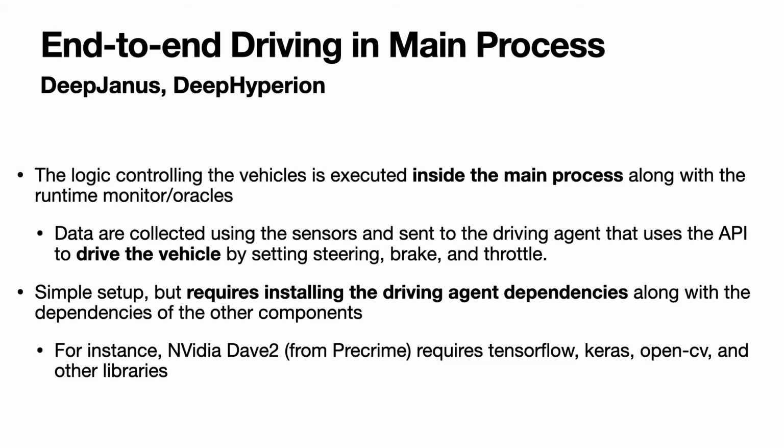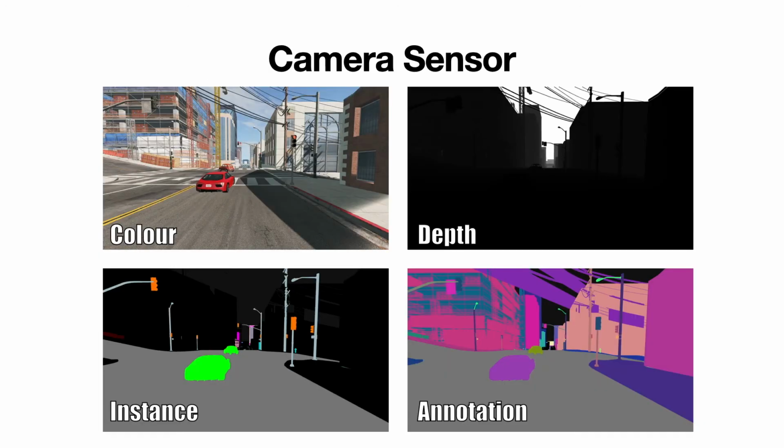And this may or may not be feasible in some cases, because complex agents, like, for example, the NVIDIA DAVE-2 that I borrowed from the pre-crime group at the University of Lugano, use TensorFlow, Keras, OpenCV, and other libraries. And this is not necessarily feasible. Sometimes you may need to resort to a different solution. But assuming that it's possible, that's how it looks.